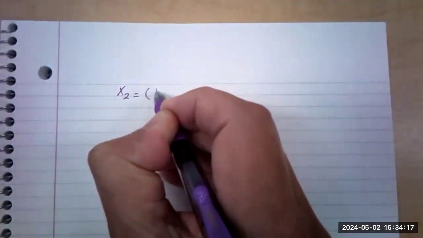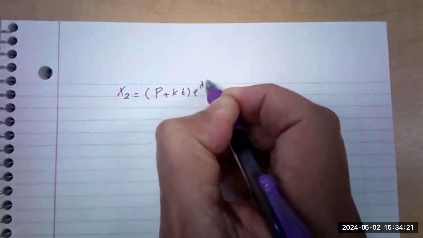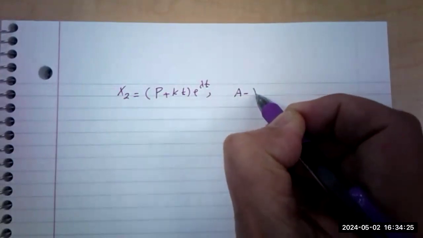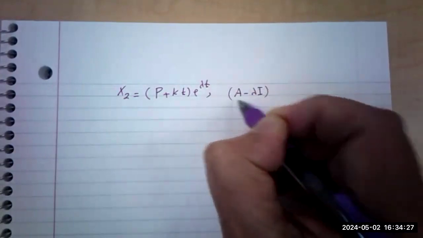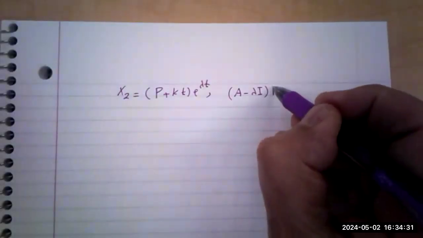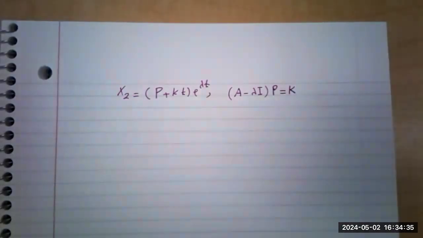The second solution, as we talked about, x2 is going to be p plus kt, just to remind you, e to the lambda t, and you have to find the p from this equation, A minus lambda I times p equal to k. This is how we're going to find it.